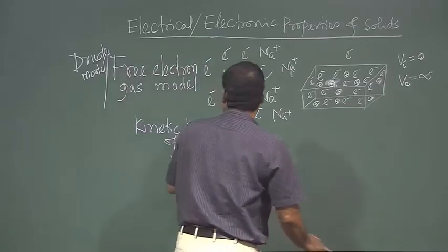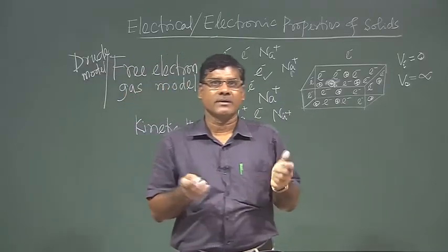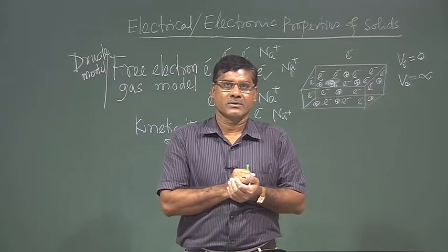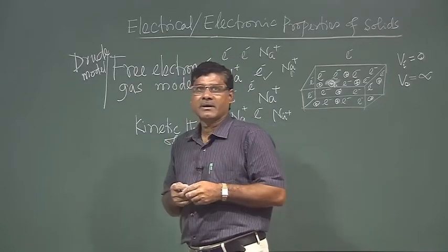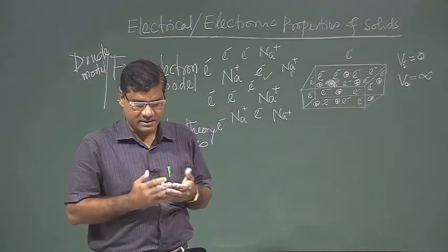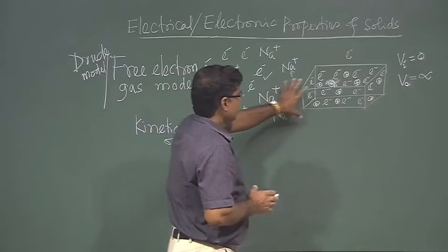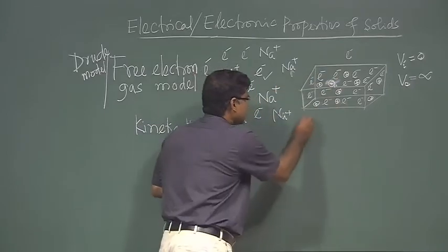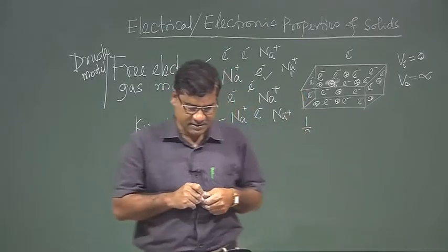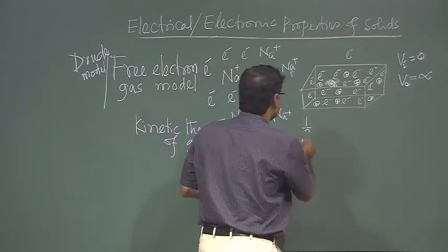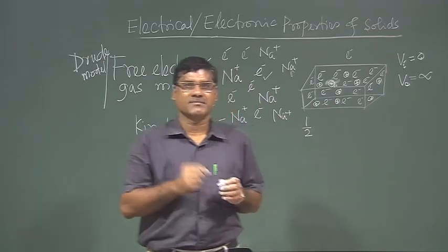Now, in case of gas, you know this, when they are moving they collide with each other. So, there will be a distribution of velocity of gas, there will be a distribution of energy of the gas, right. Here, if I consider the energy of the electron gas, each electron will have only kinetic energy, if its velocity is v.